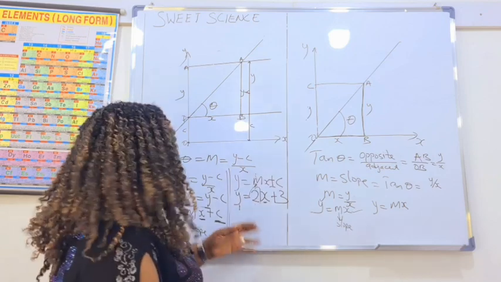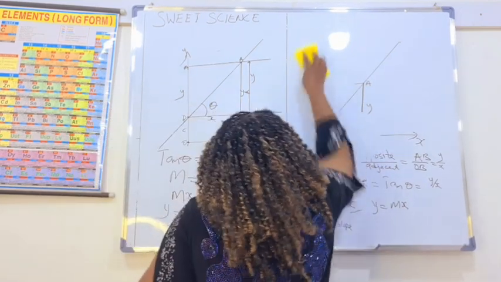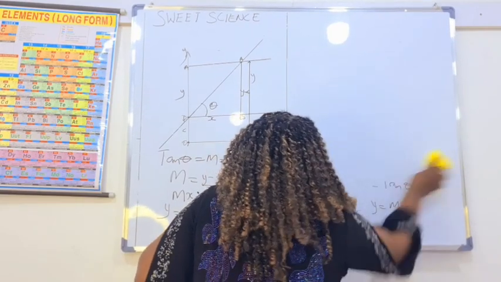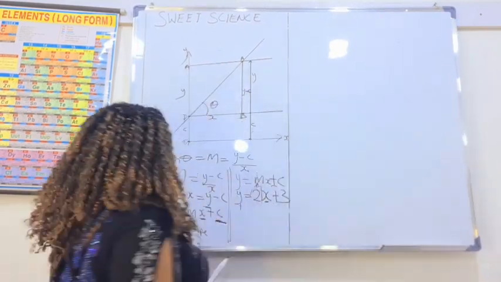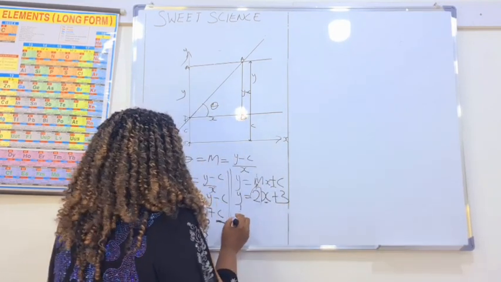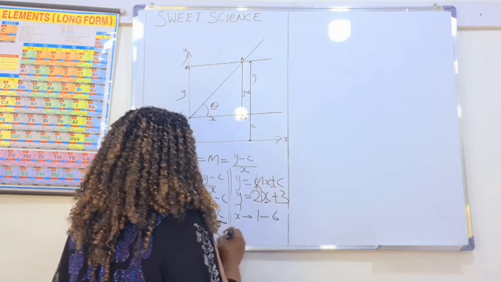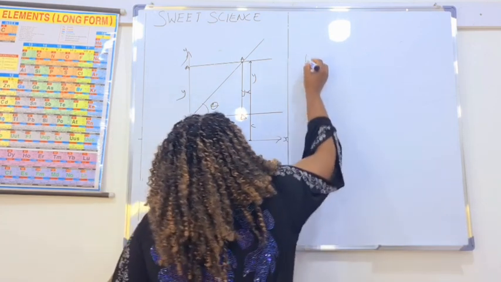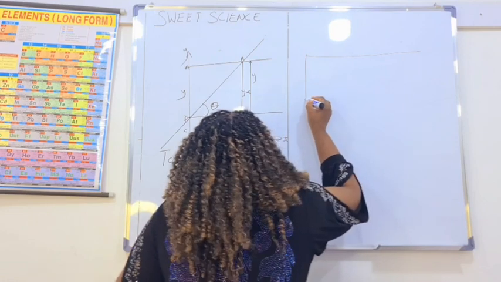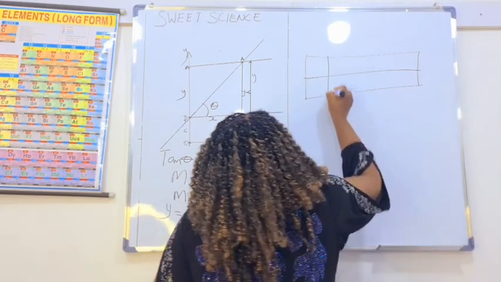You can always make up your table of values by doing this. Let's quickly do this. You can assign values to x, from 1 to 6.